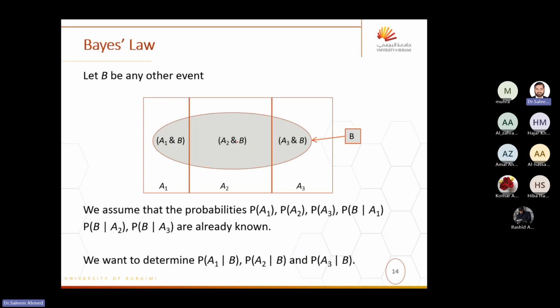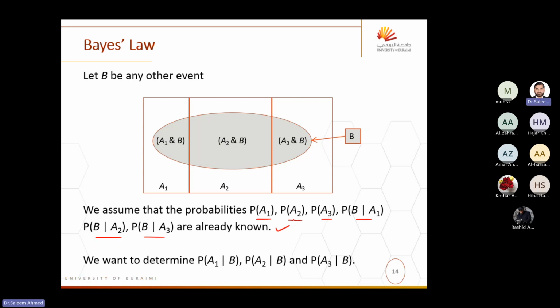So let's go to this one. See, it is the same scenario that we had before, that B is any event and B will intersect with A1, A2, A3, right? So you got three events, A1 and B, A2 and B, A3 and B. Now, we assume that the probabilities of A1, A2, A3, B given A1, B given A2, B given A3 are already known.